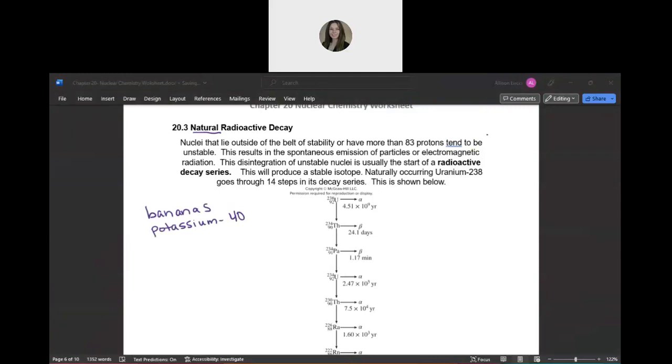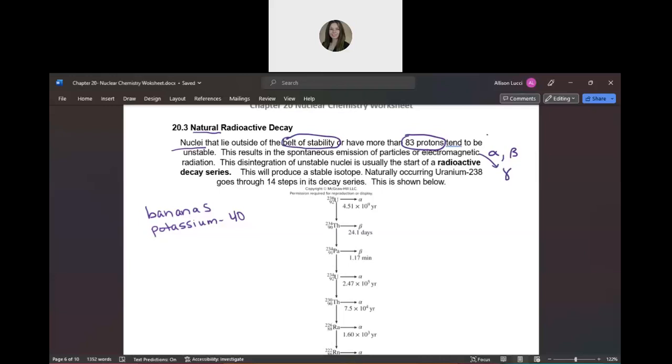All the nuclei we discussed before that lie outside of the belt of stability or have more than 83 protons tend to be unstable. This results in the spontaneous emission of particles such as alpha or beta particles, or electromagnetic radiation such as gamma emission.